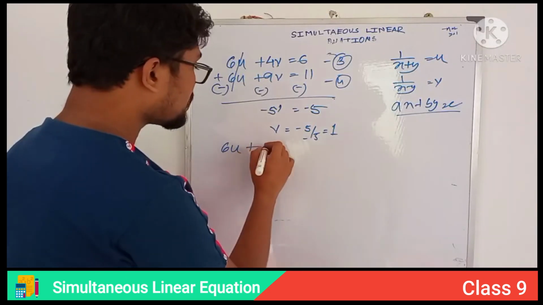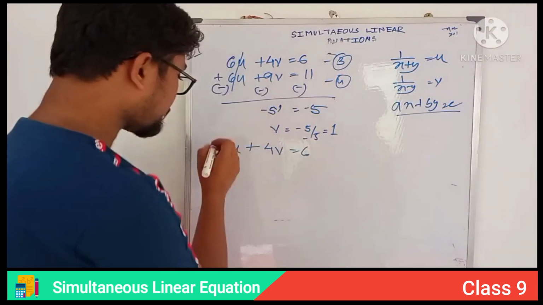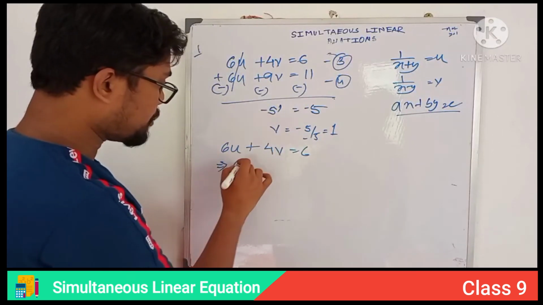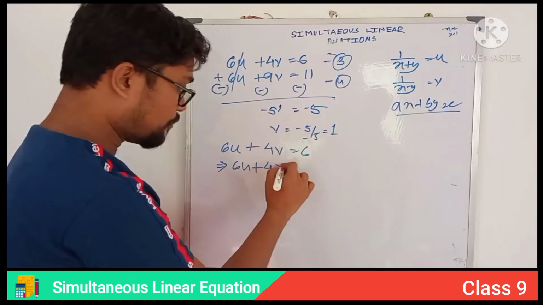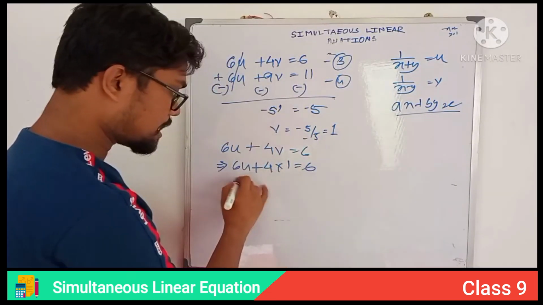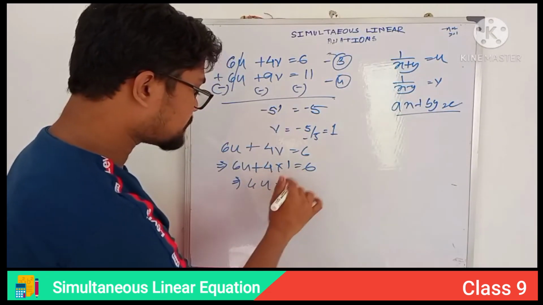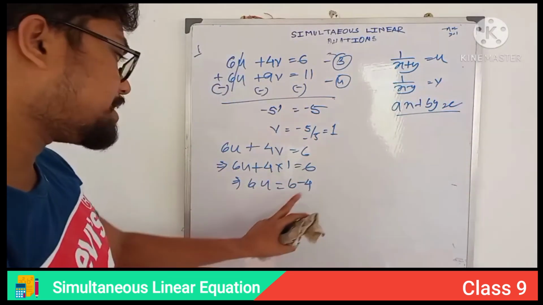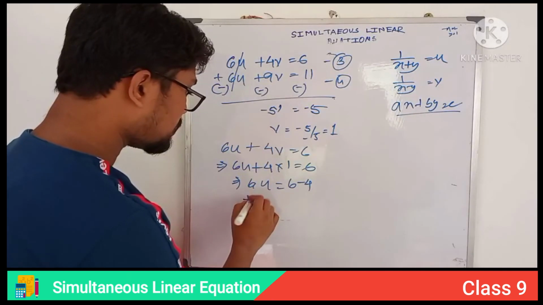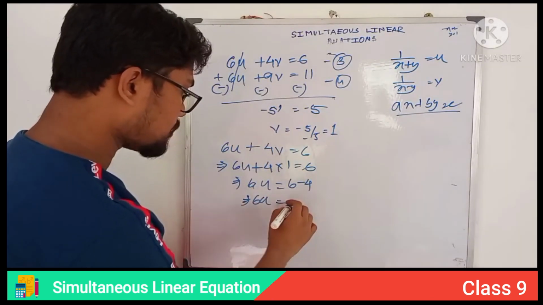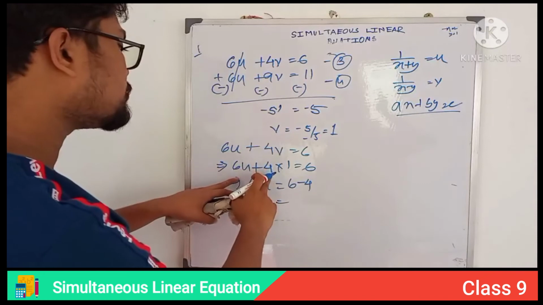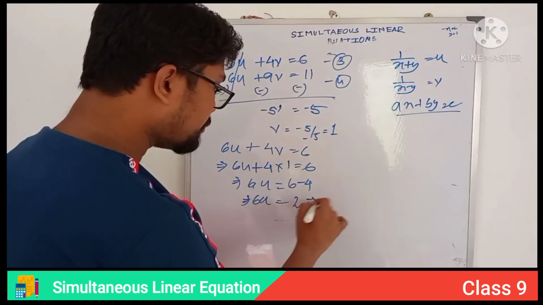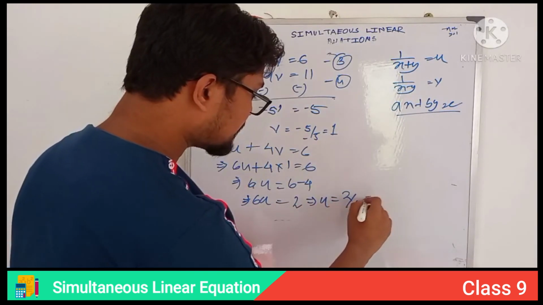Now put this value of v in equation 3: 6u plus 4v equal to 6. 6u plus 4, the value of v is 1, so 6u equals 6 minus 4. 6u equals 2, u equals 2 by 6, that means 1 by 3.